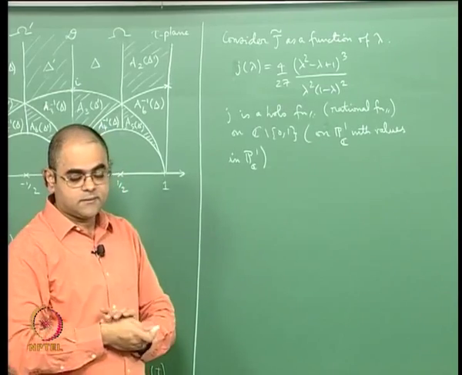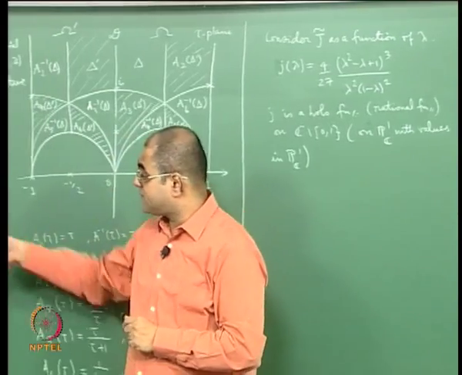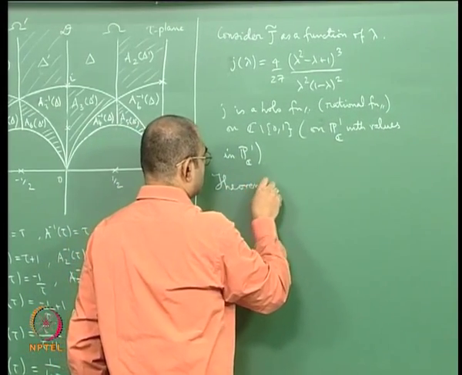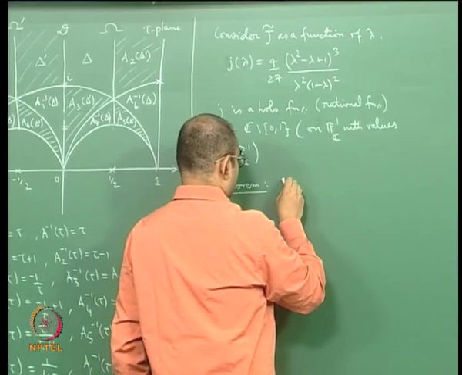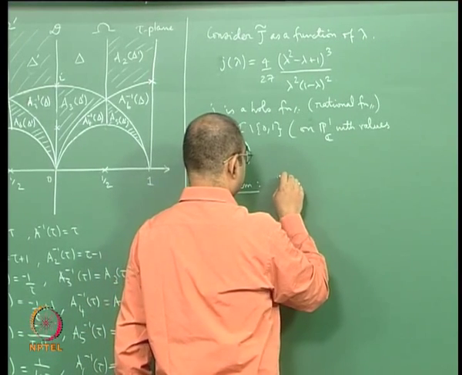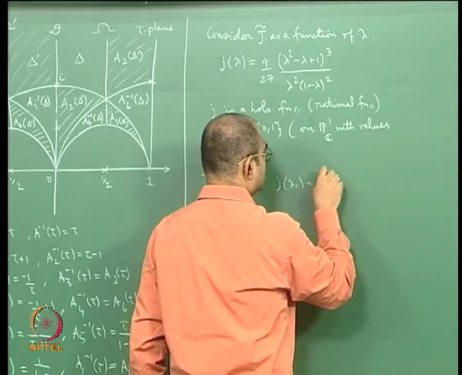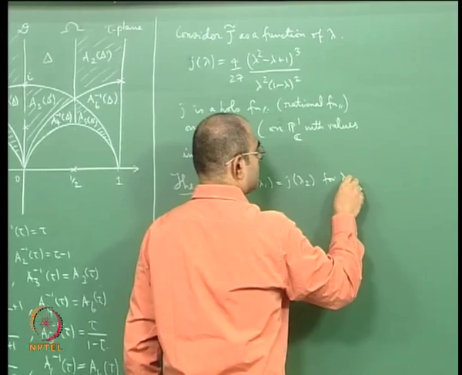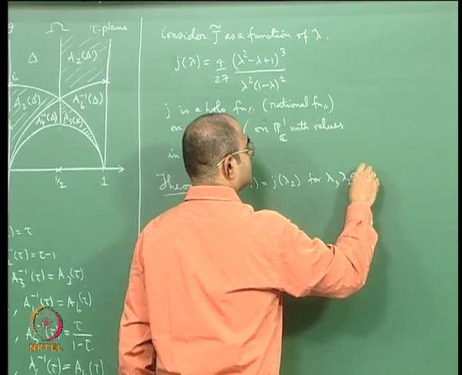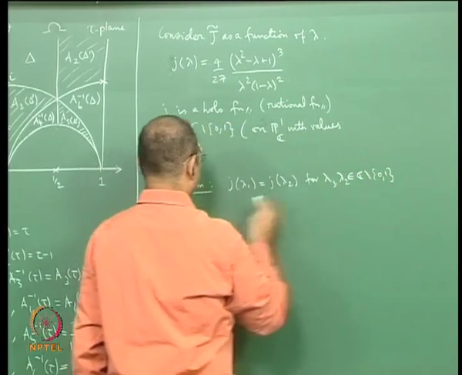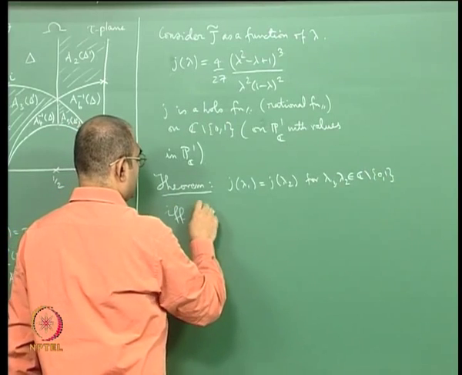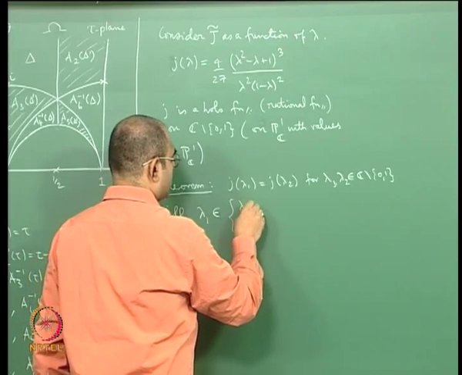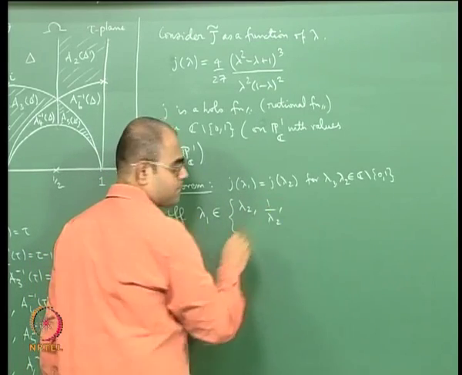Now the key to the injectivity of J tilde is the following theorem. J of lambda 1 is equal to J of lambda 2 for lambda 1, lambda 2 in C minus {0, 1} if and only if lambda 1 belongs to the following set: lambda 2, 1 by lambda 2.